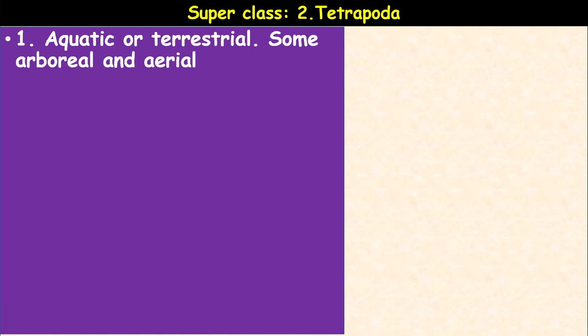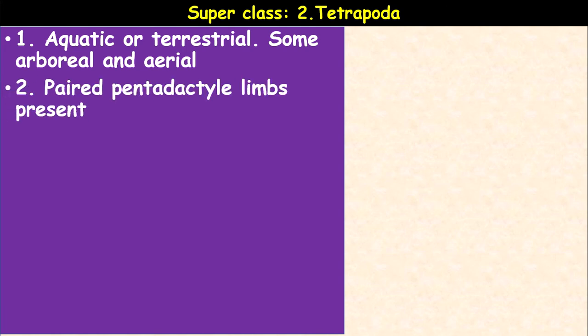What is the meaning of arboreal? Which lives on trees. Aerial means which fly in the air. Paired pentadactyl limbs are present, forelimbs and hind limbs. Pentadactyl means 5 digits or 5 fingers are present in the limbs.